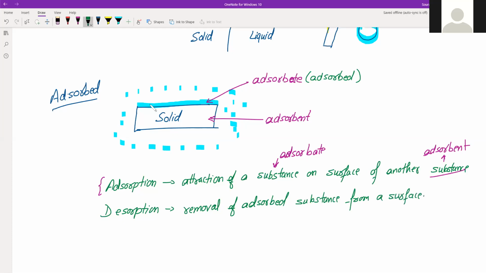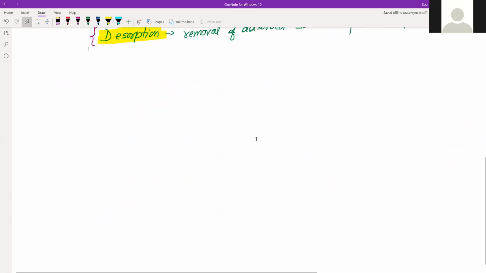So this is called desorption. Desorption is just the opposite of adsorption, right? So these are the two phenomena. From this, we can easily say if the surface area is more, obviously the adsorption will be greater. So that is one thing.